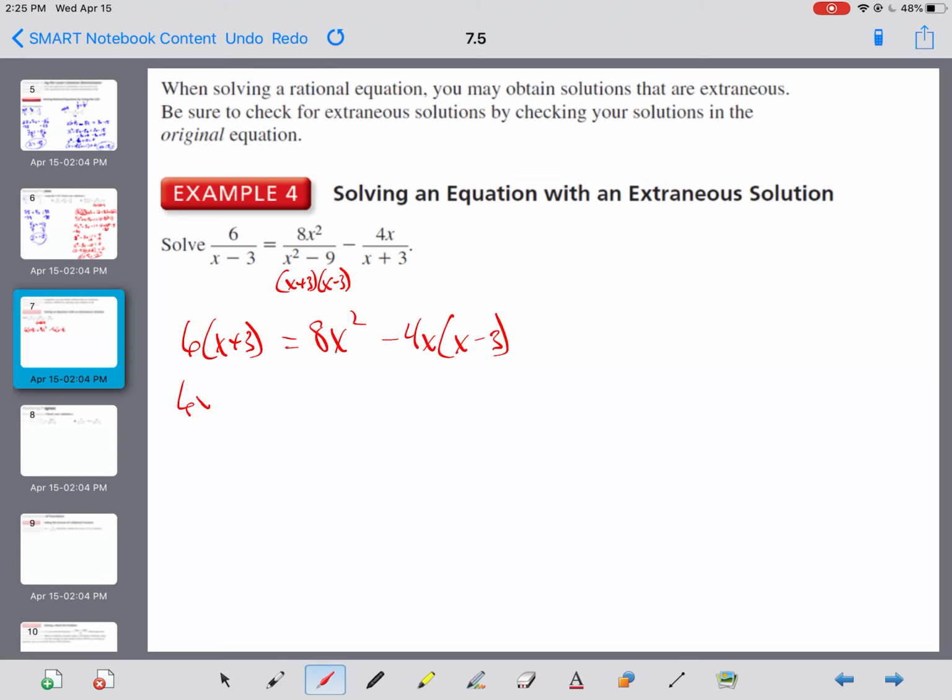And then it's going to be negative 4x times x minus 3. It's got a squared in it, so we've got to get it all to one side. So 6x plus 18 equals 8x squared minus 4x squared plus 12x. Move the 18, move the 6x.